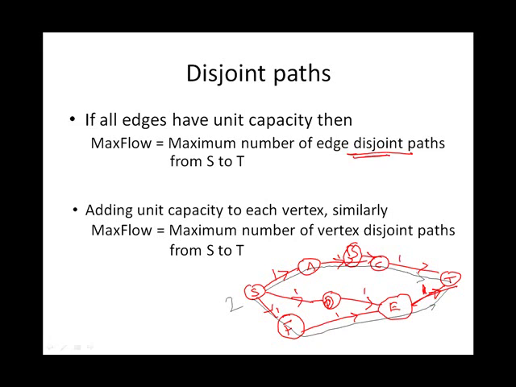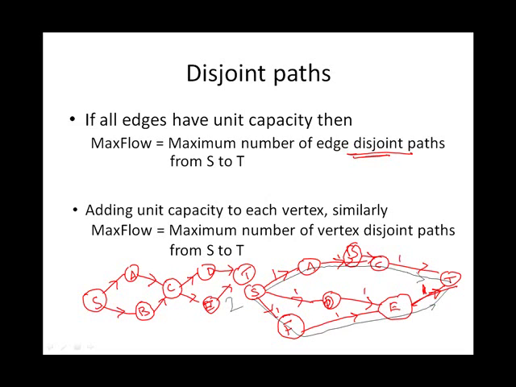Okay. So similar to edge disjoint, what if we have vertex disjoint paths? To differentiate between these two, look at a simple example of S to A to B, A to C, B to C, C to D, D to E, and D connects to the sink.